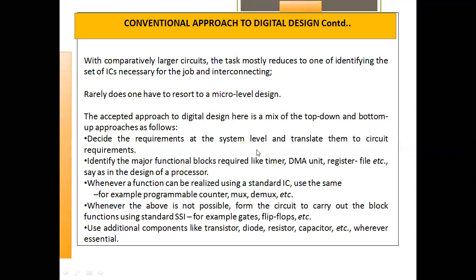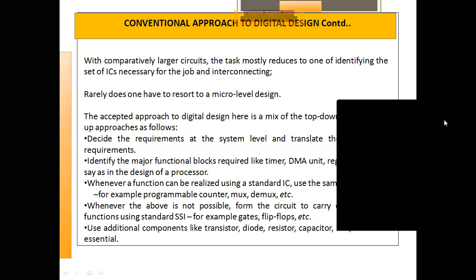The generally accepted approach to digital design is the top down approach and the bottom up approach. First, decide the requirements at the system level and translate them to the circuit requirements. First we have to identify the system requirements, then the circuit requirements.